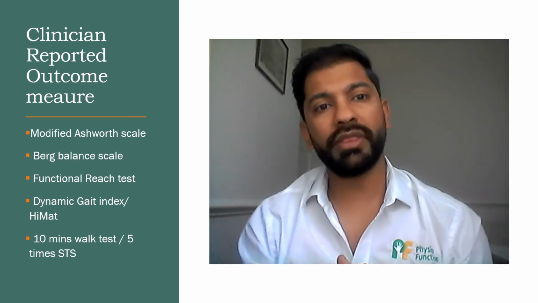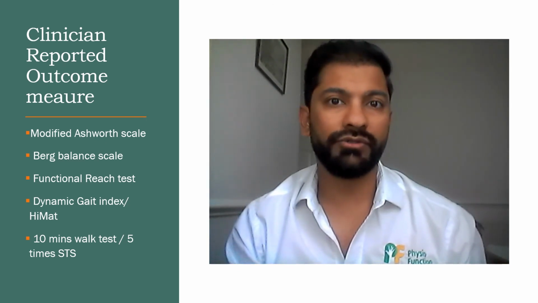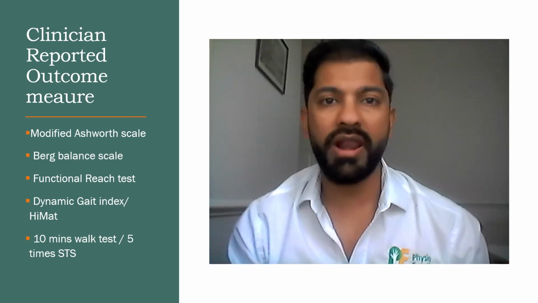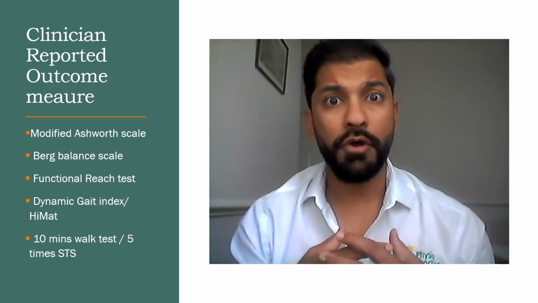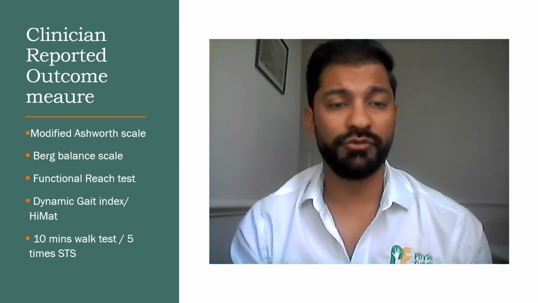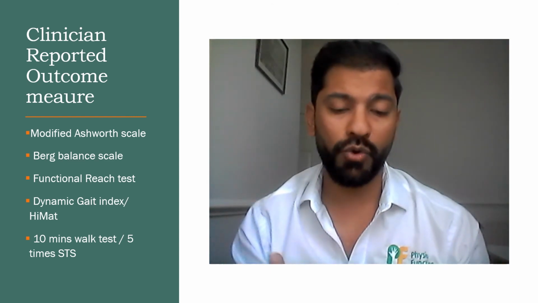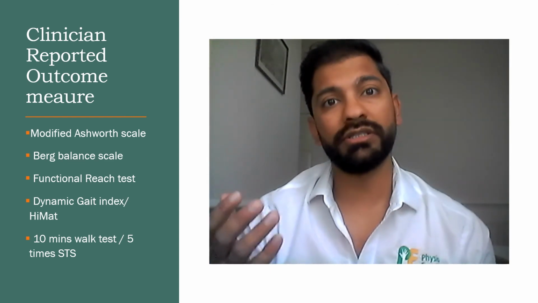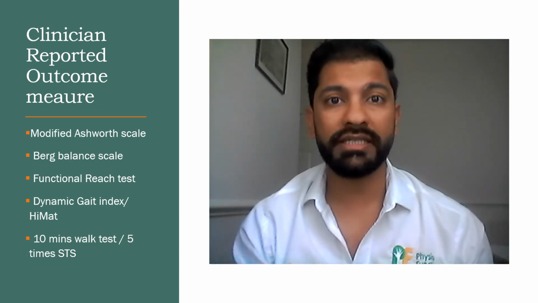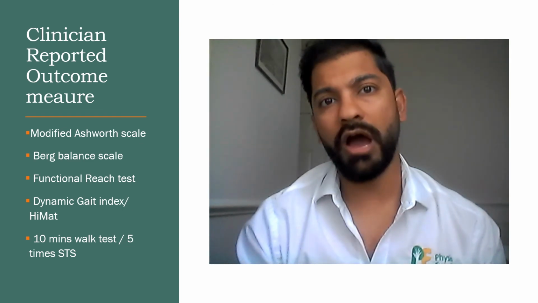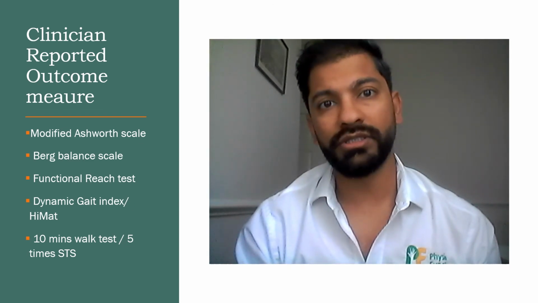Now, these are not the only outcome measures. There are plenty of outcome measures out there for patients with spinal cord injury, and there are some specific ones for quadriplegic patients, some specific ones for wheelchair mobility. So you can pick the outcome measures which you really want for your patients.